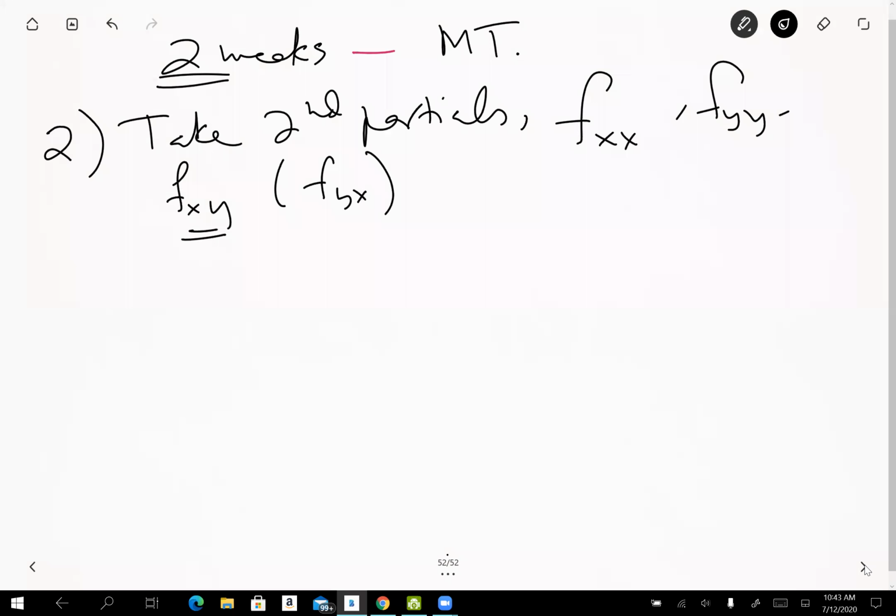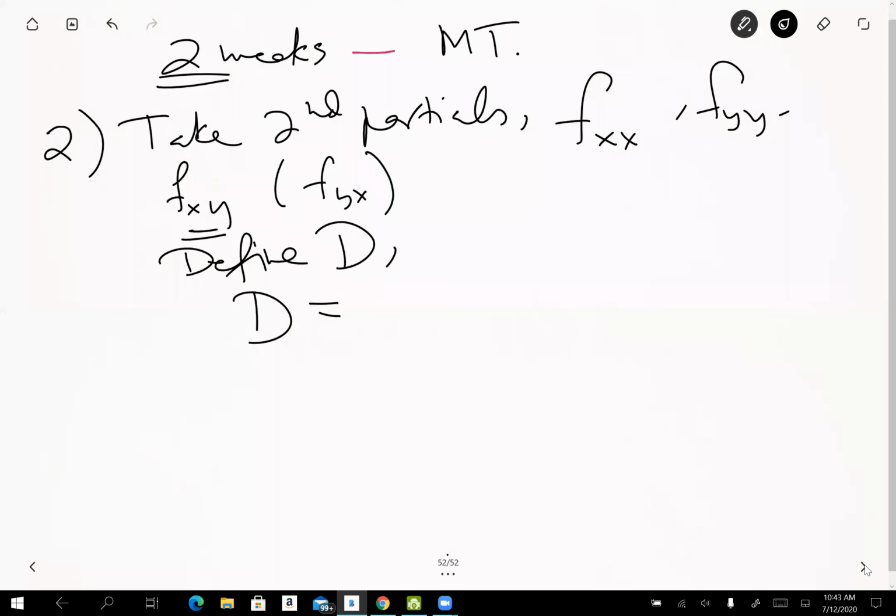After that, we have to make use of the D. We call it D. So D is defined as follows. D is equal to, that is the second derivative condition.